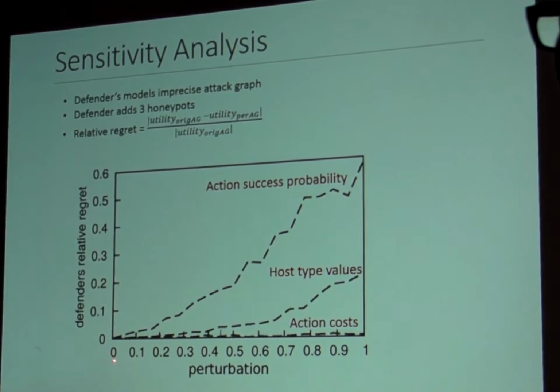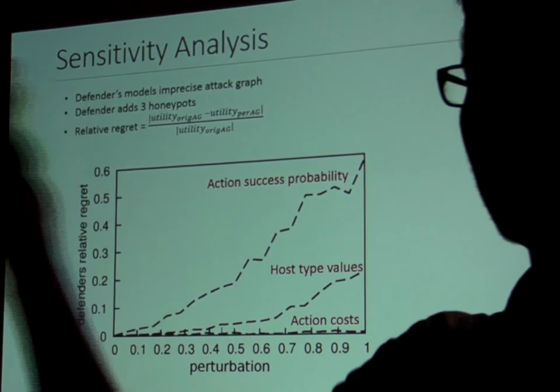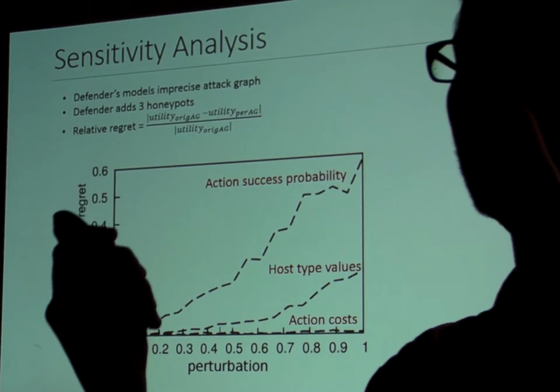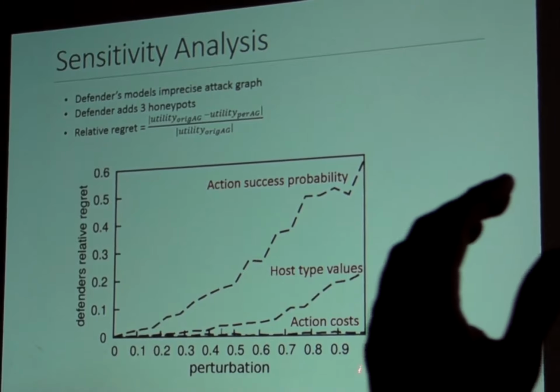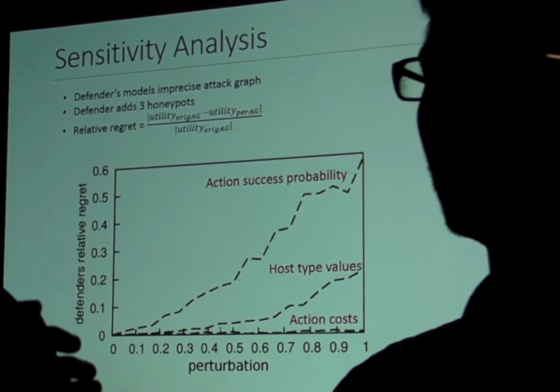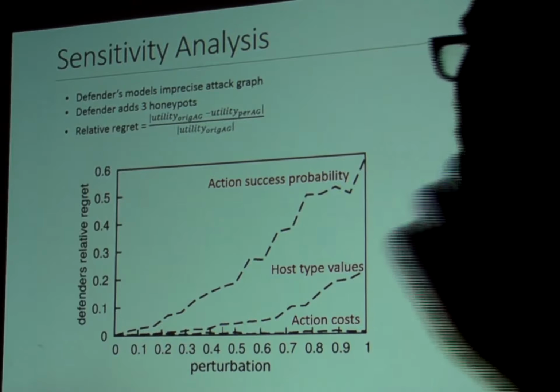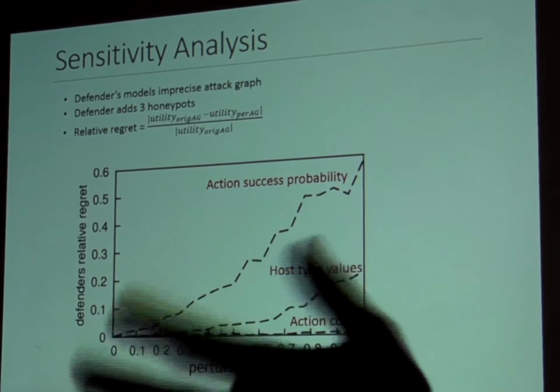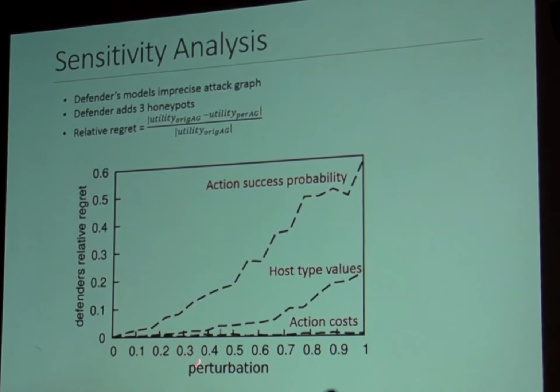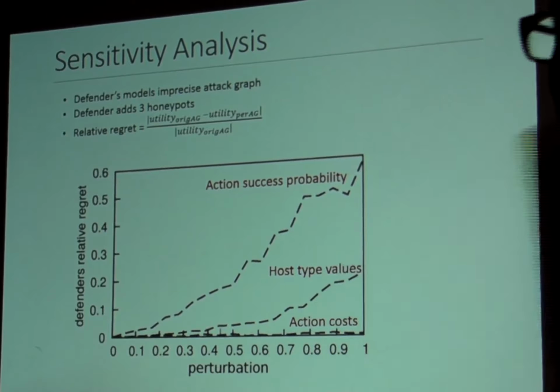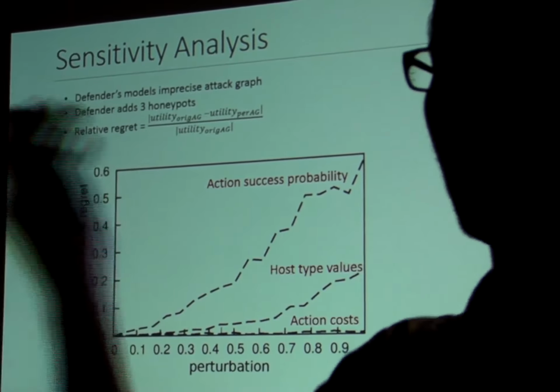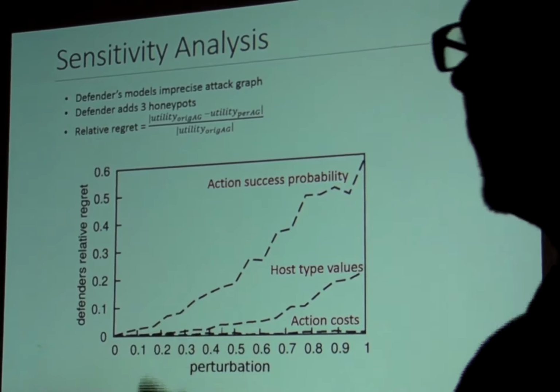So 0 means that they were identical, so he actually computed according to the original attack graph, and 1 means that this copy of the attack graph was completely random. So I assume that the attack graph would be maybe 20, 30 or 40% away from the original one, like the one that estimates.